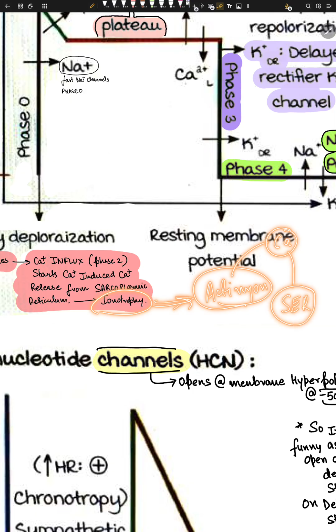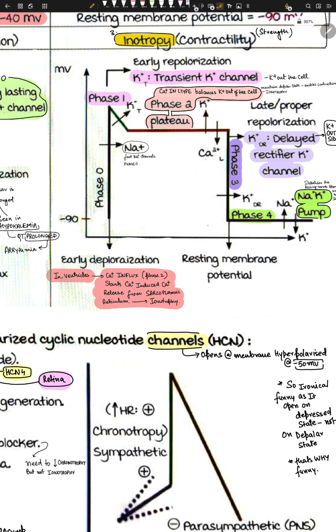The SR is like a bank of calcium, and it provides calcium only when it senses that we have some extracellular calcium present in the cytoplasm. So this is calcium-induced calcium release from the sarcoplasmic reticulum, actin myosin interaction, and that gives us positive inotropy. So that's what I'm writing here, right?